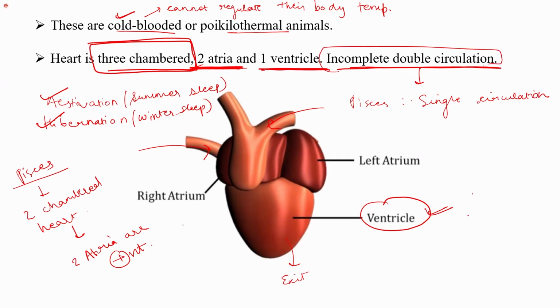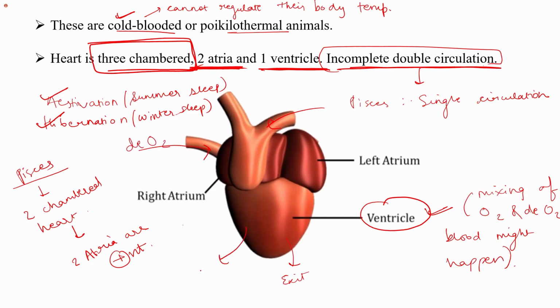So it is an incomplete double circulation, and in this, there is a mixing of the blood that might happen. The oxygenated and deoxygenated blood might mix, since it is a common chamber. Blood enters the right atrium, deoxygenated blood. It comes out through the ventricle and reaches the lungs for oxygenation.